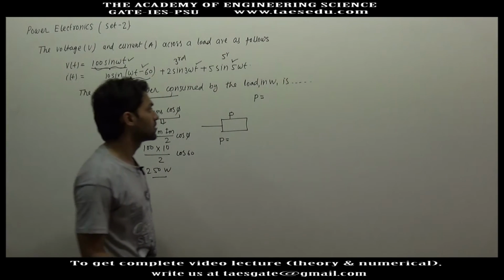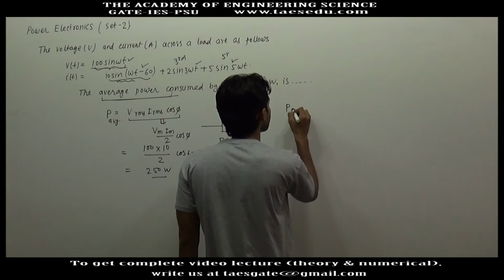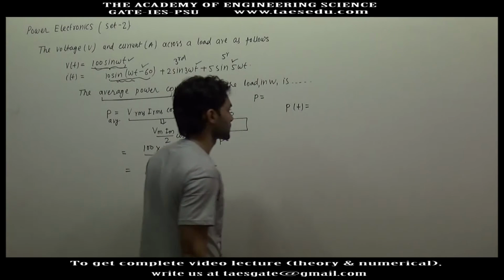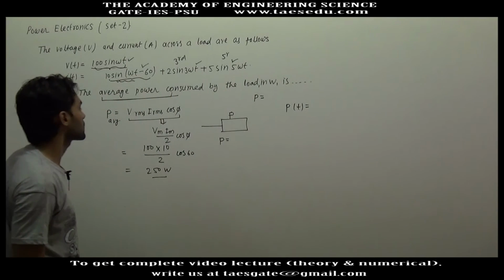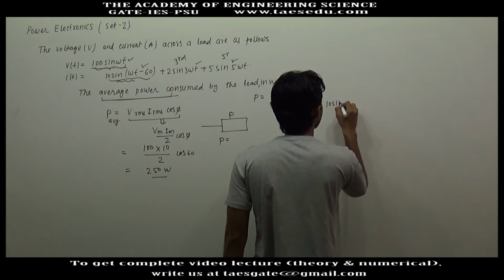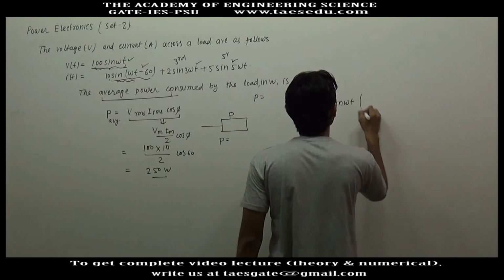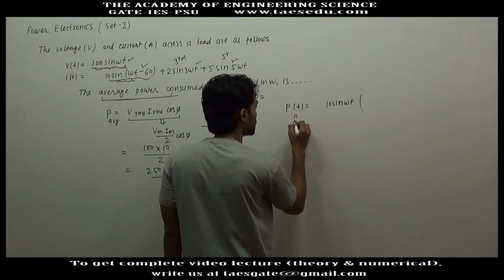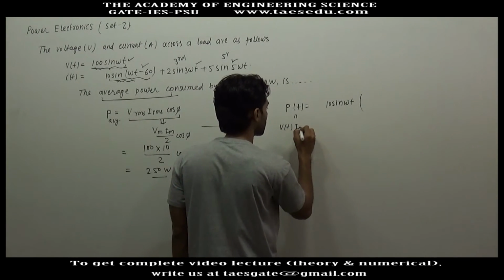If you find it with the help of averaging, we will first find the instantaneous power. The instantaneous power is nothing but Vt into It.